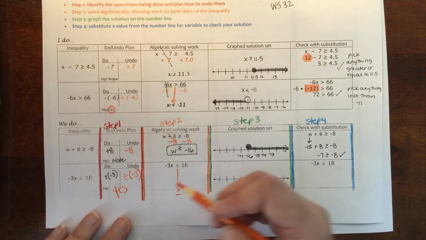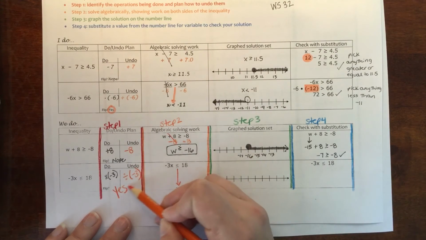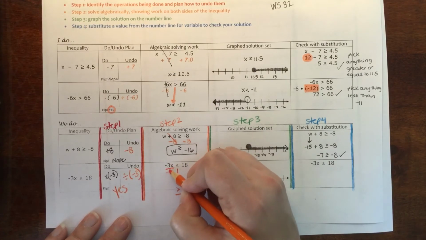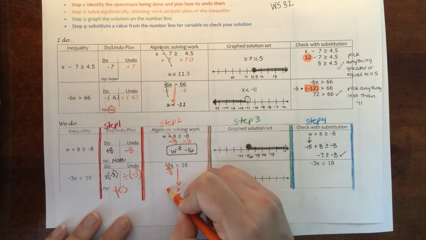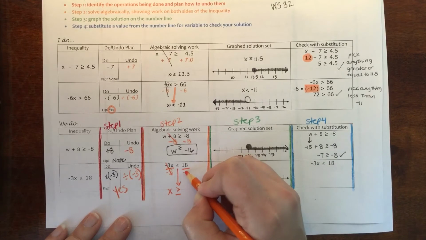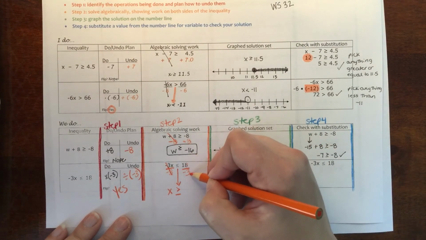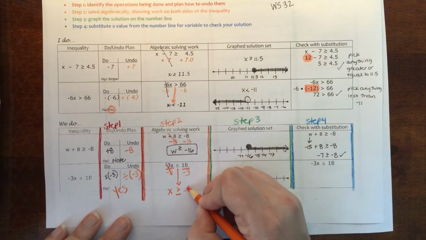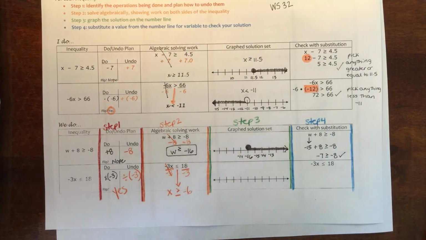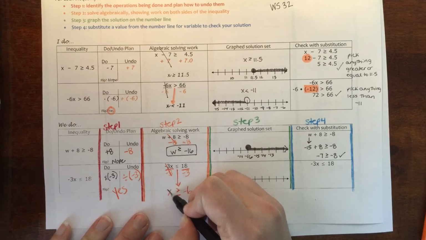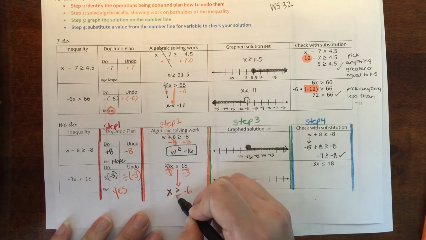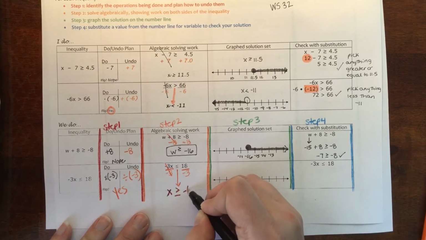Step 2, I will show dividing by -3 on the left and dividing by -3 on the right. 18 divided by -3 is -6. X is greater than or equal to -6.